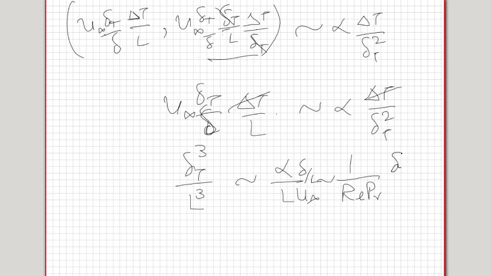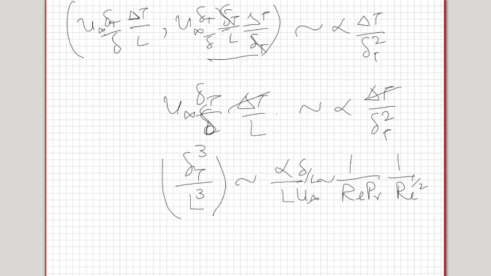Now this delta by L I can write as Re to the power of minus half, so this will be of the order of 1 over Re to the power of half. Is that correct? I forgot to write it as delta, I wrote it as L. That is the problem. So U infinity into delta by delta into delta T by L is of this order. So this delta will go up there and I multiply and divide by L square. So I get delta T by L the whole cube.